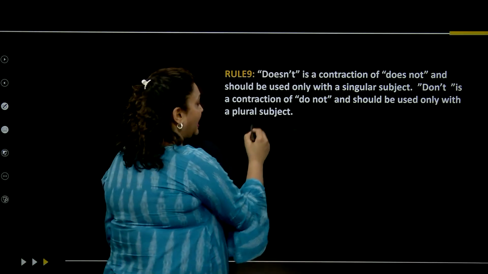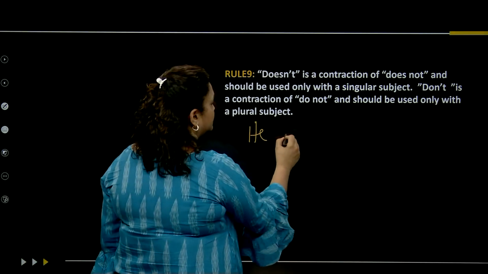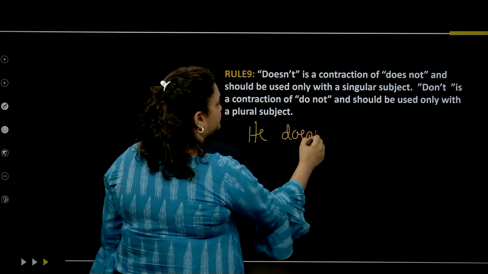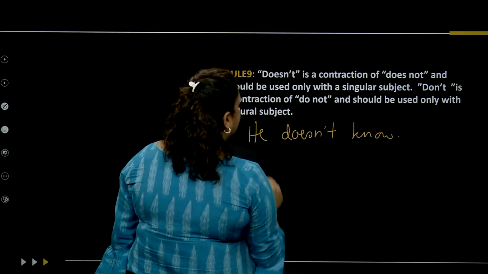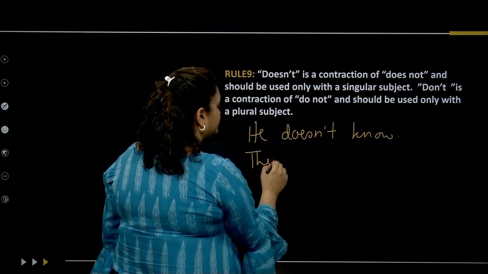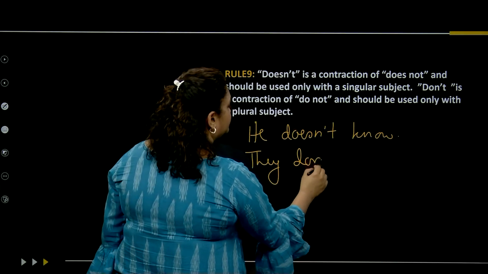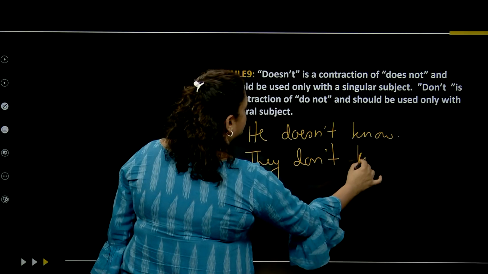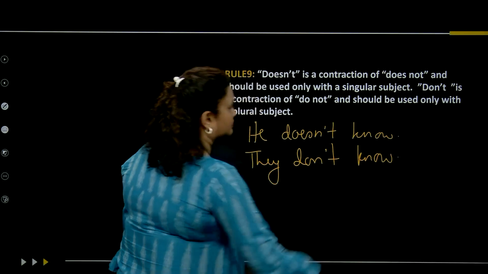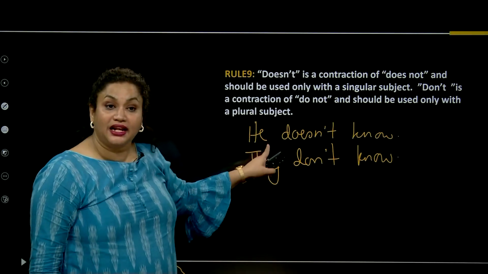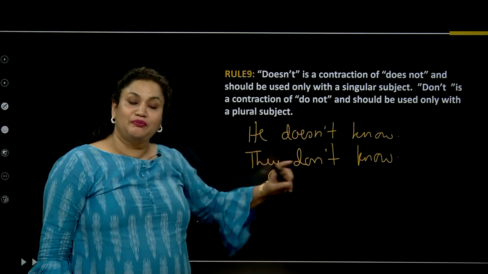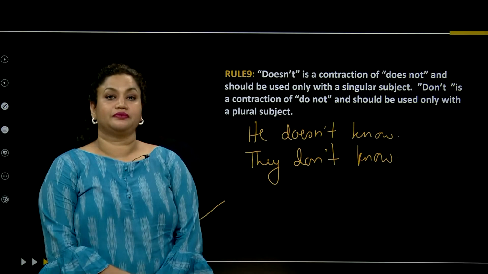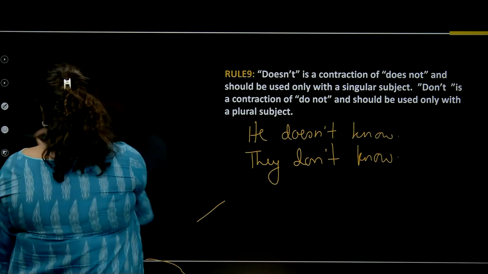So when we say he, we use doesn't. He doesn't know. They don't know. Does not is singular in usage, and don't is plural in usage. Okay, let's go to next one.